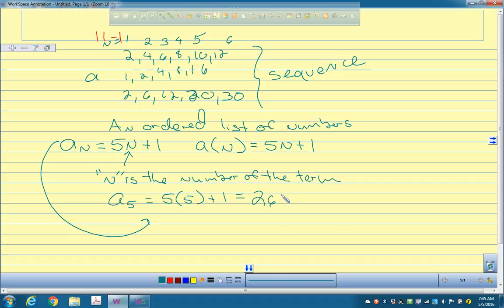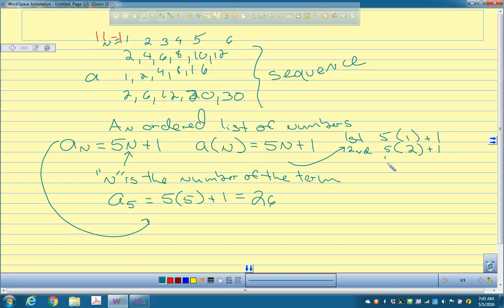If I had a particular sequence that looked like this, and they asked me to write the first 5 terms, my first term would be 5 times 1 plus 1. The second term would be 5 times 2 plus 1.